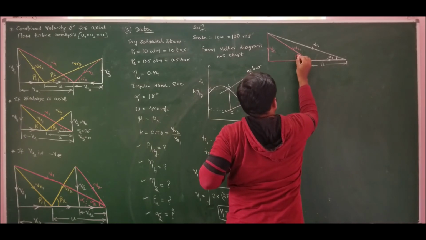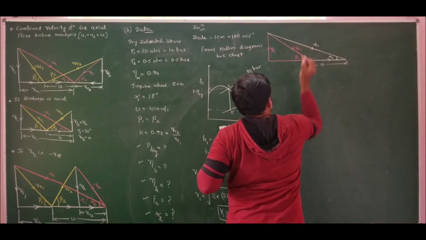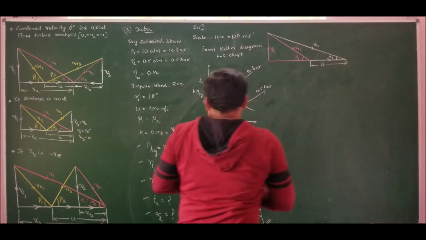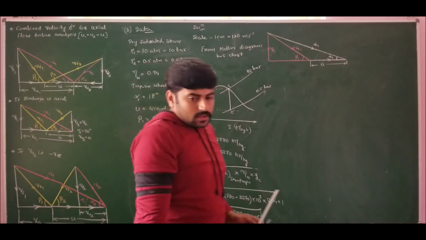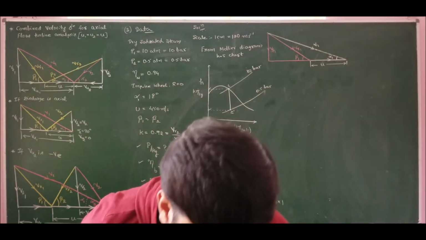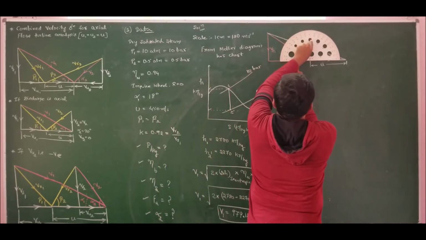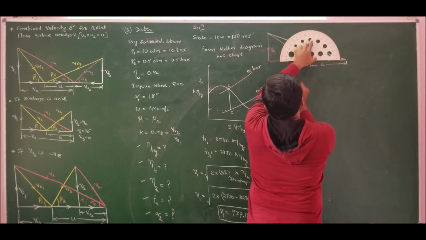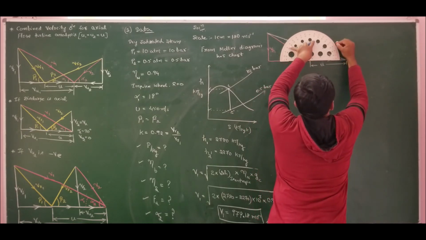The angle made by VR1 is beta 1. Now the blades are equiangular, so beta 1 is equal to beta 2. If I measure, beta 1 turns out to be 33 degrees. So mark 33 degrees for beta 2 also.